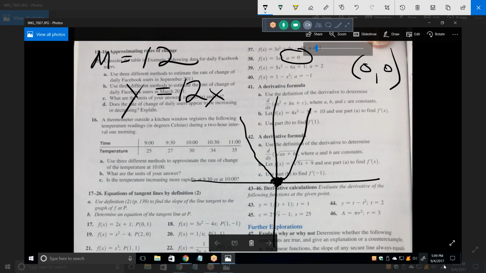All right. Hold on a second. Our slope was 0. I don't know how I got so off here. I think I was jumping around problems.